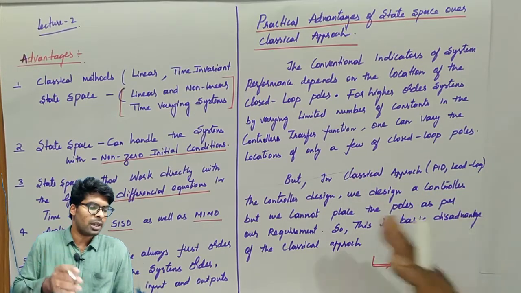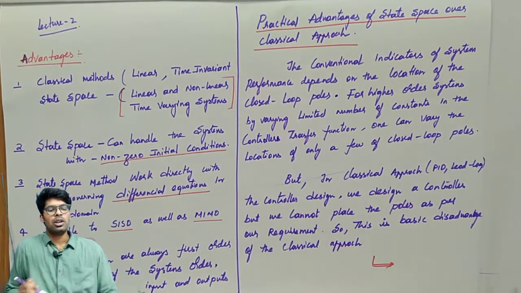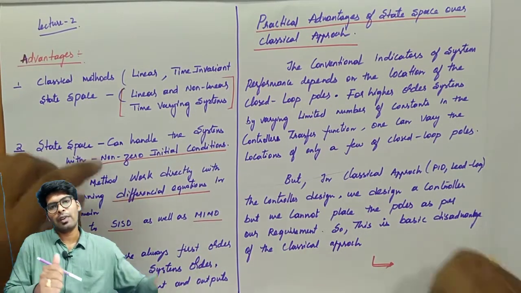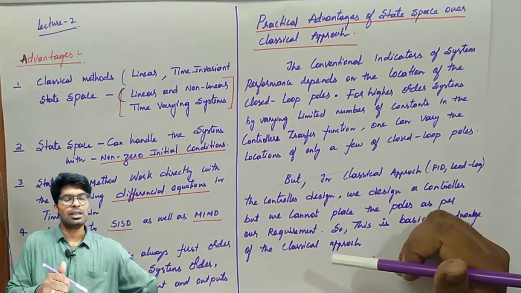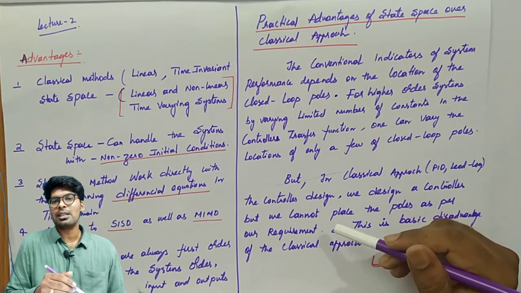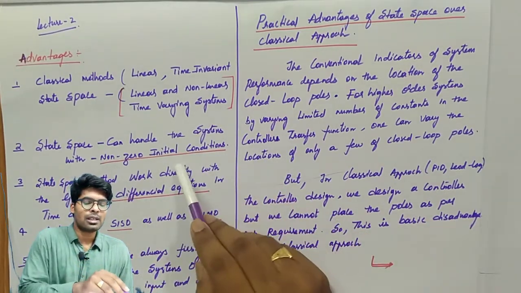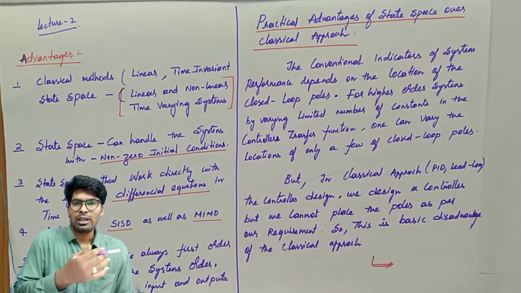Similarly, in state space analysis, you can handle systems with non-zero initial conditions. While deriving transfer functions of many systems, we assume initial conditions as 0. But in state space analysis, you can handle non-zero initial conditions.